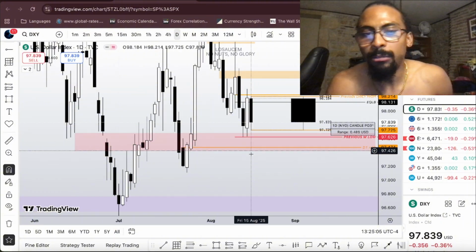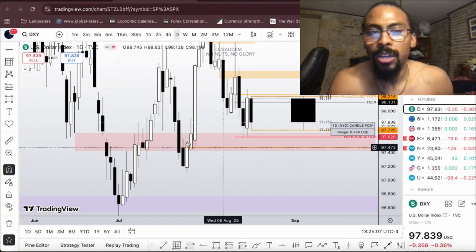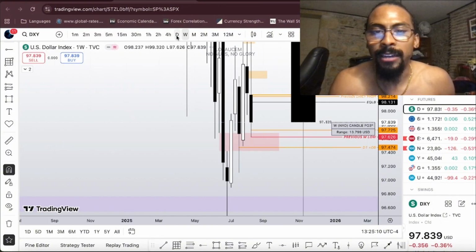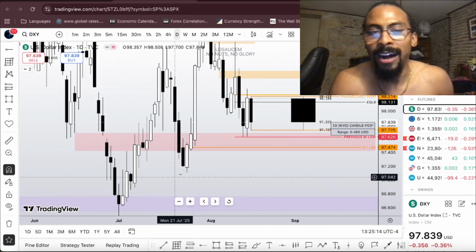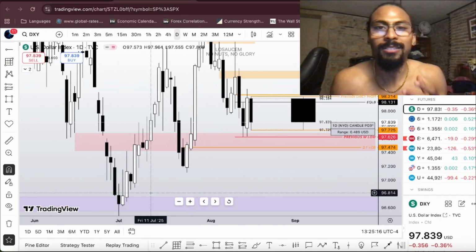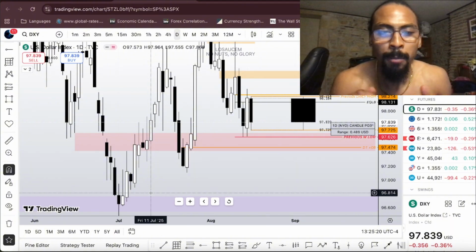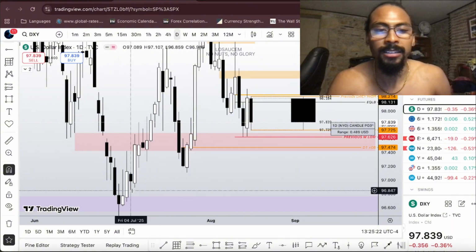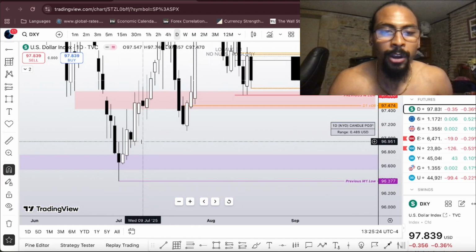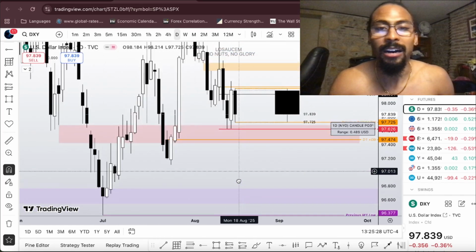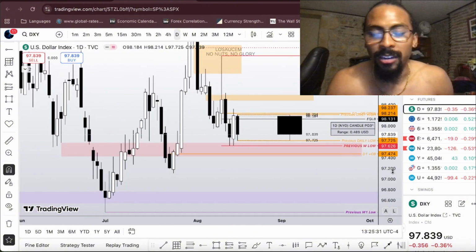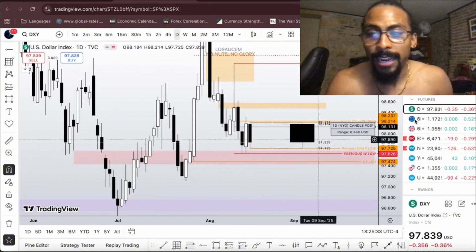But until we really get a displacement through this weekly fair value gap and a close through it on a daily time frame, I would not have a 100% bearish bias to get down into these swing lows, all these failure swings in here, and maybe even down here if it really wants to get a little spooky. You know what I'm saying? But yeah, that's it with dollar.